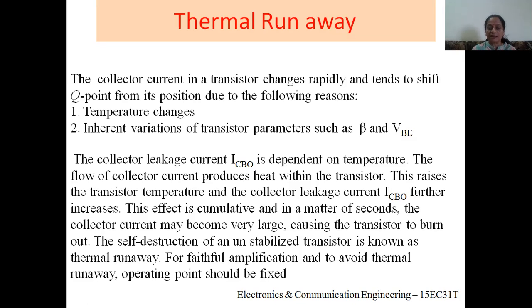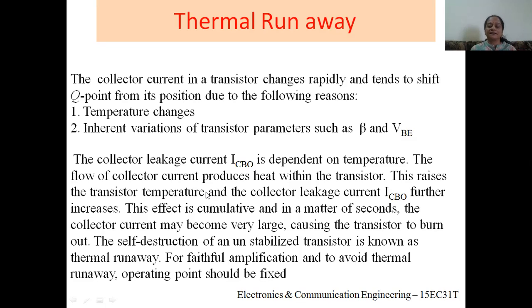Within a fraction of a second, a huge amount of current flows, and this may cause the burning or destruction of the transistor. So this is called thermal runaway. So always we have to design a transistor amplifier circuit so that it avoids thermal runaway. And if thermal runaway is avoided, then the operating point is also fixed.